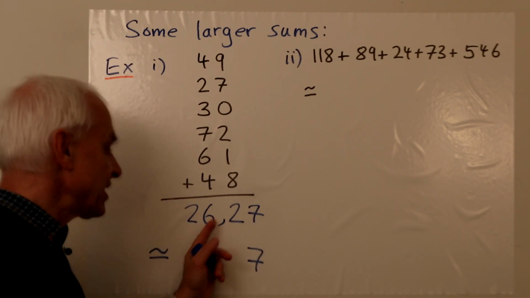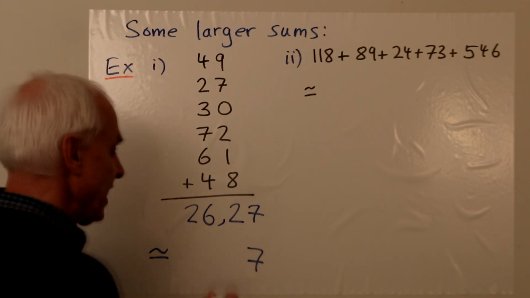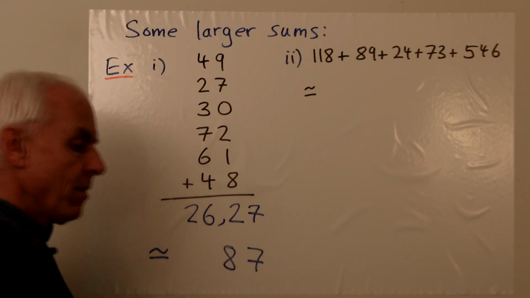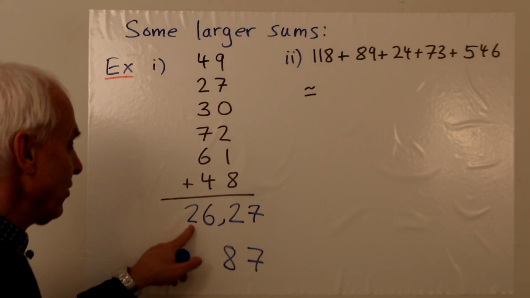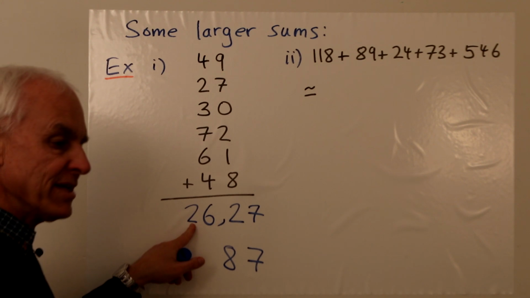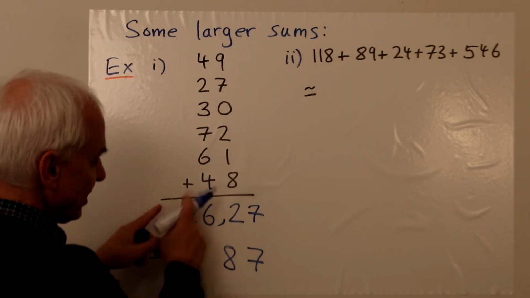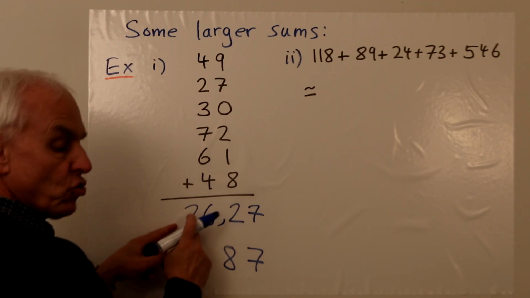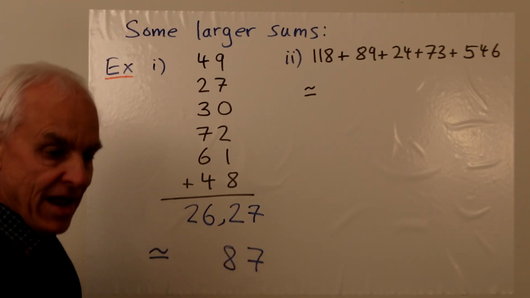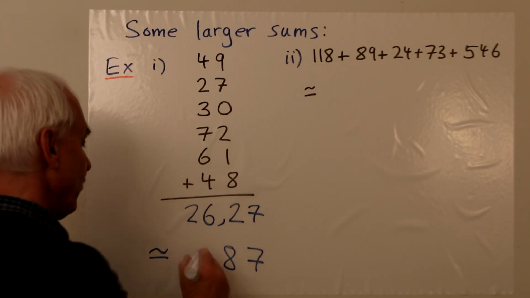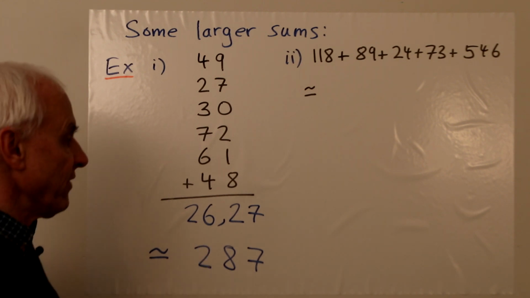So altogether it's 6 plus 2 makes 8 tens. And how many hundreds? Well, this 2 here is in the second position in the tens column. So we're still in the tens position here, but it's 20 tens, which is the same as 2 hundreds. So we get 287 altogether.